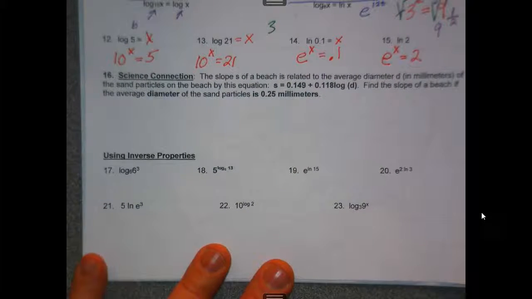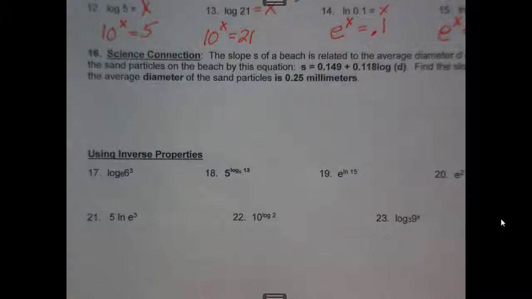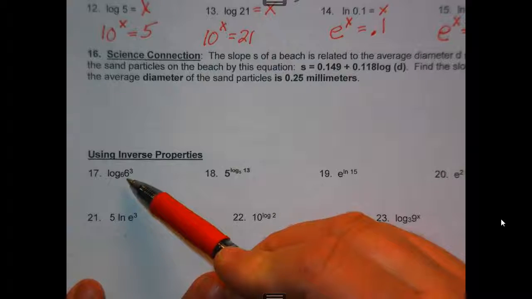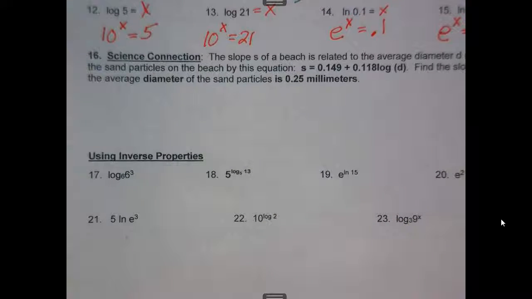Now, when I first started teaching you guys log, yesterday, the day before, whatever it was, I told you that log undoes exponents, and exponents undo logs. So, number 17, I have log base 6 of 6 to the third. Is this 6 to the third not a power with a base 6?